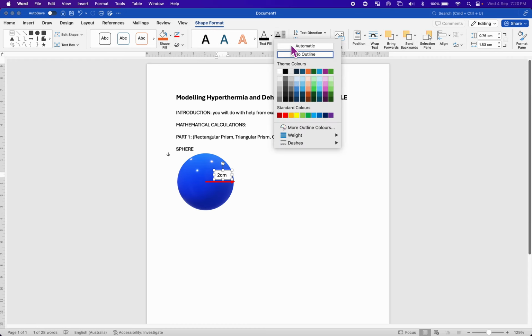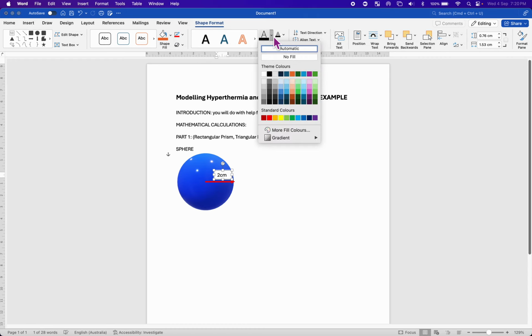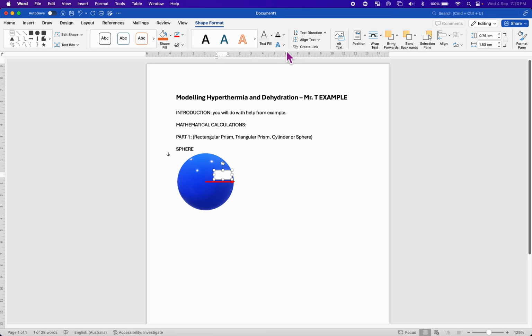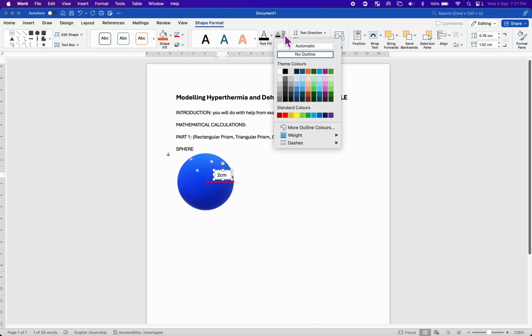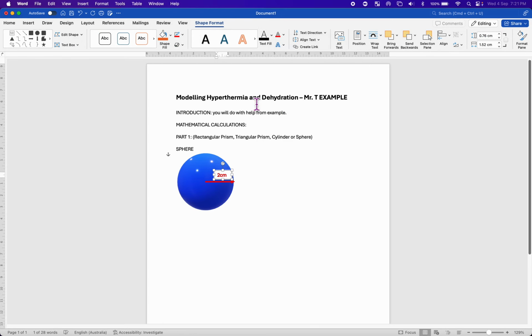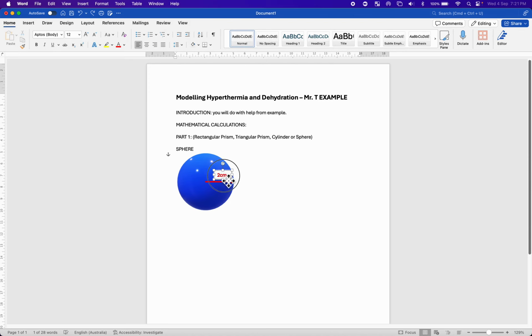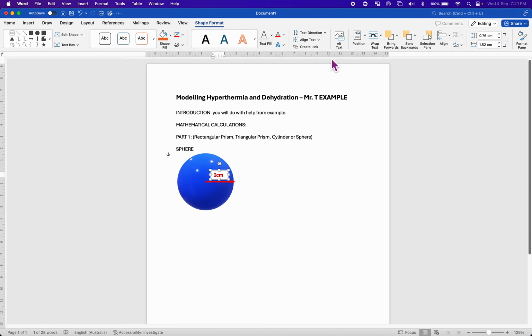Make the text no fill, so it's see-through. Red, text fill, no fill. Oh, that's the fill within the letter. How do I? There we go, 2 centimeters there.